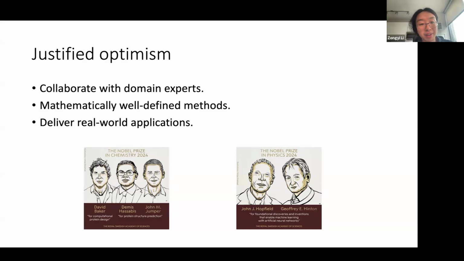So overall, there's a really bright future for AI for science. But the key is we need to handle real-world problems, not just academic small-scale problems, but deliver real cases, collaborate with experts, and use mathematically well-defined methods. So that's my overall vision for this field.